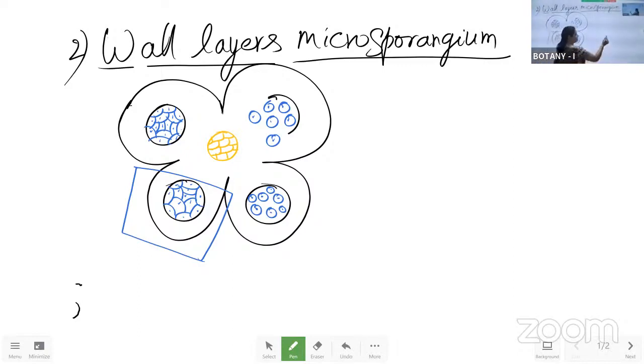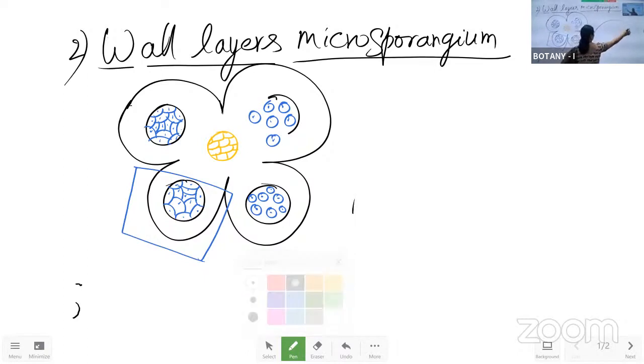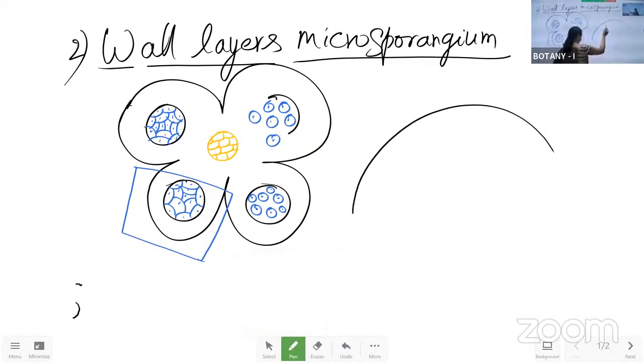So in the enlarged part of the microsporangium, okay, we can draw the curve like this very easily. So I'm showing like this. Otherwise, we can draw like this also.